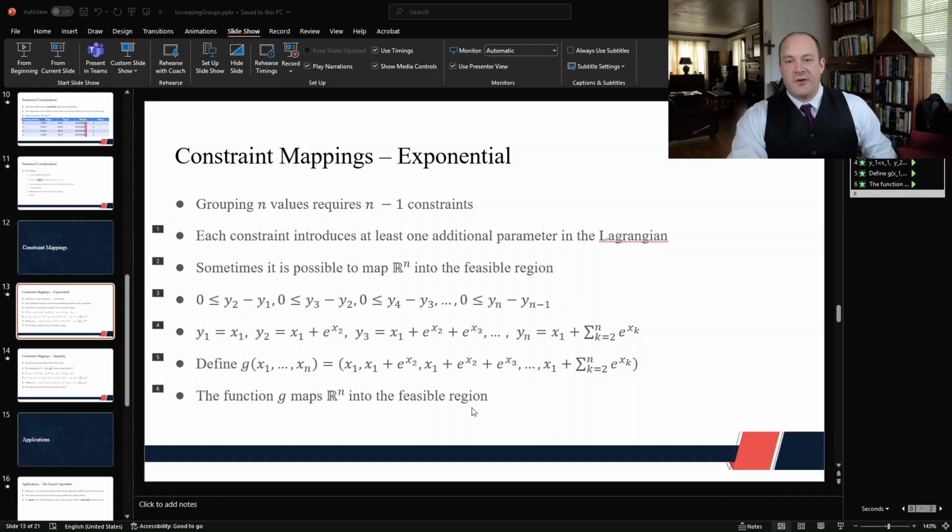Let's go back to that. We've got this function right here. How are we going to represent this function in R?